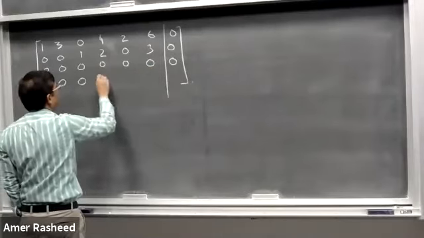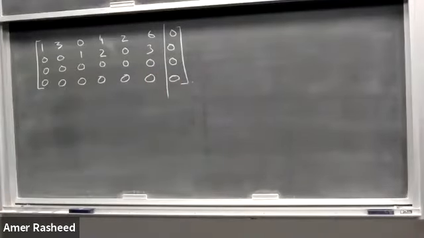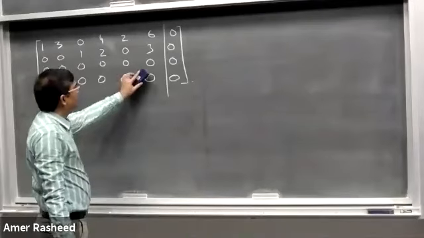Sir, 3 into negative 5 is negative 15 plus 15, which is 0. If this is 0, then the last row must contain all the zeros. Okay? या आप बता दें लास्ट रो में क्या आ रहा है? You tell me.